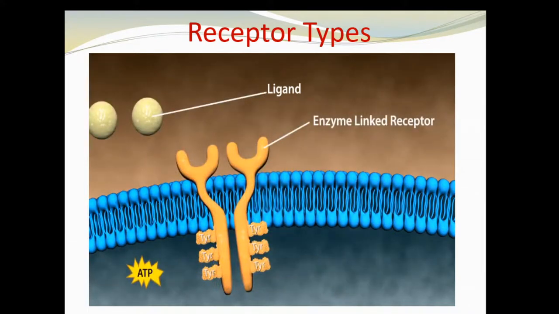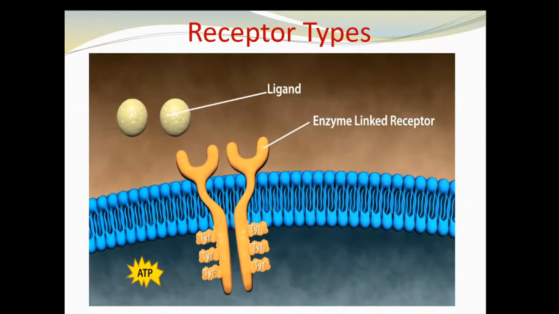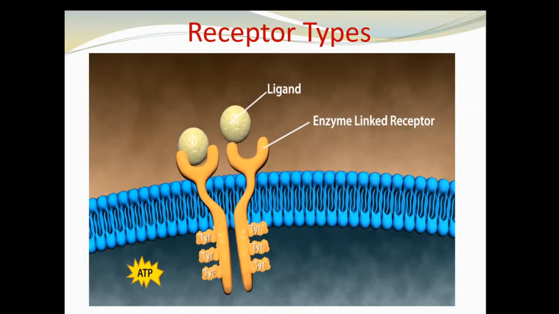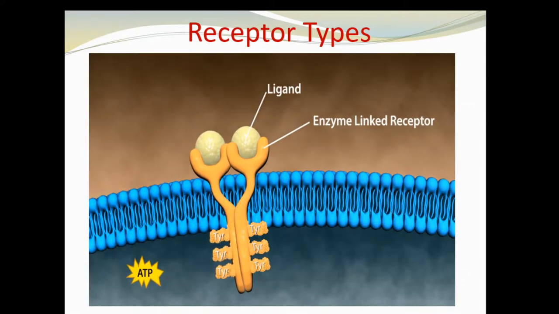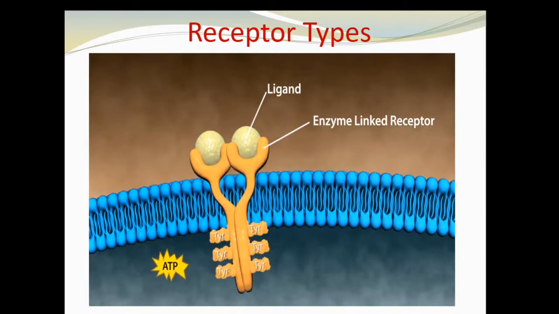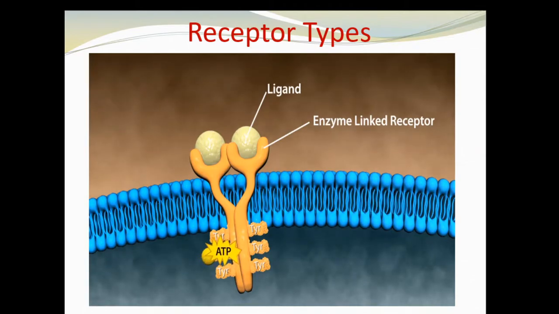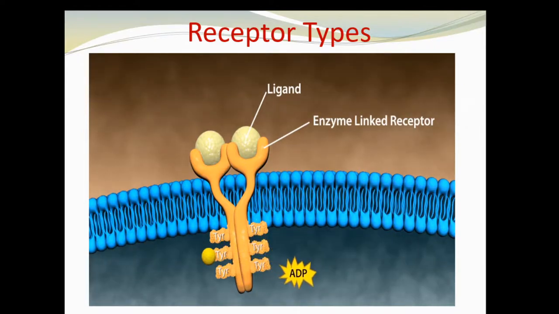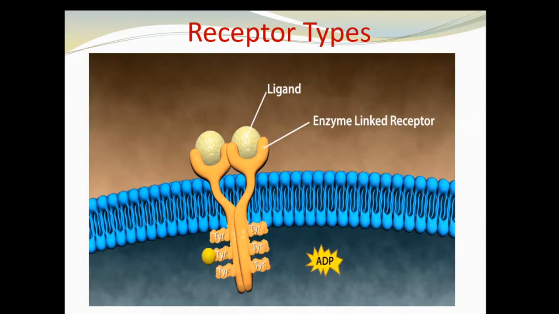In enzyme-linked receptors, the transmembrane proteins of the receptor are enzymes, or closely associated with enzymes. For example, the tyrosine kinase receptor. The binding of the ligand induces dimerization of the receptor, which activates its tyrosine kinase activity through autophosphorylation and phosphorylates other intracellular enzymes sequentially. The phosphorylation status of the enzyme may result in activation or inactivation, resulting in various cellular responses.